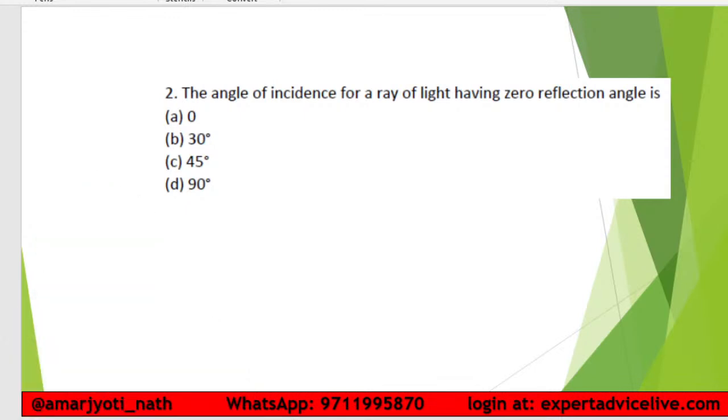So what does the question say? The angle of incidence of a ray of light having zero refraction angle is, well, that is also a basic question. So you should not take much time in commenting.